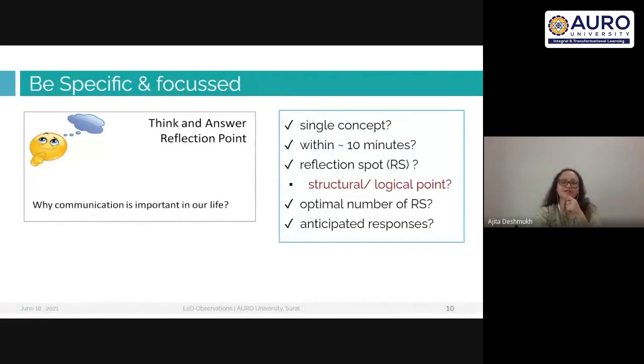So a reflection spot definitely, because this whole LED was about communication processes. Now I don't come from a communication background, so I may be wrong, but this is what we were thinking: could it be more specific? Because it is a process that was being explained, and the content also talks about culture and how the process of communication starts.